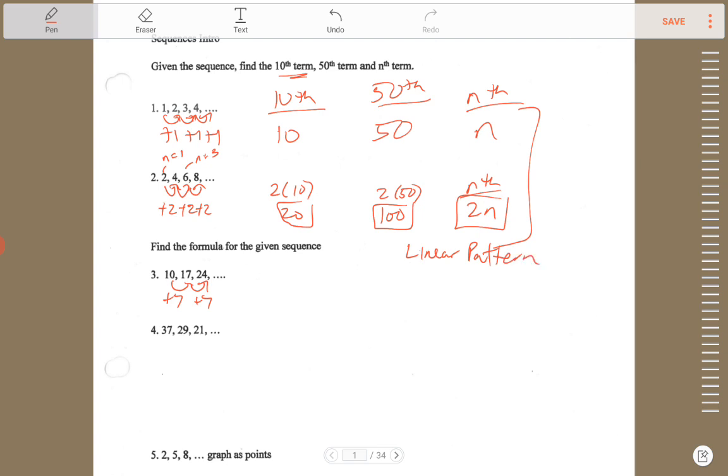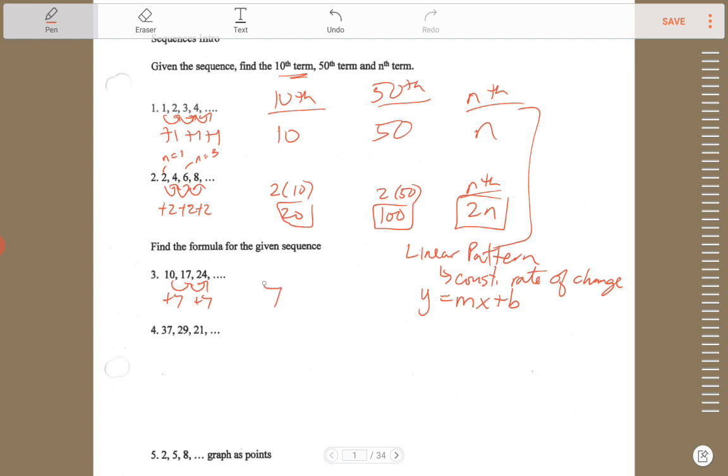With that linear pattern, we know that we have some kind of constant rate of change. You've seen that before in Algebra 1, constant rate of change. That gives us an idea that maybe we can work with y equals mx plus b, a linear pattern. If we're always adding 7 every time, that's kind of like your slope.